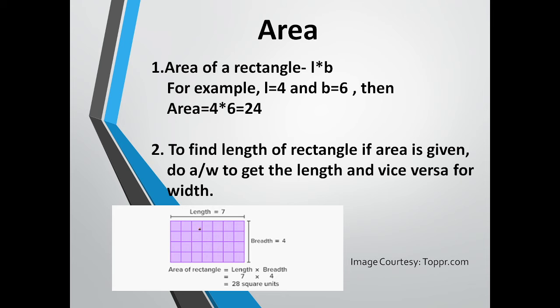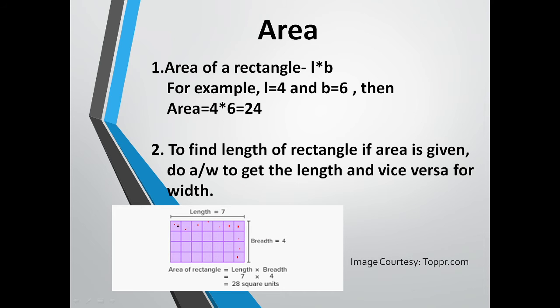Same example I'm giving again. Length is 7 square units, 1, 2, 3, 4, 5, 6, 7, and breadth is 4, 1, 2, 3, 4, right? So we'll do 7 into 4.